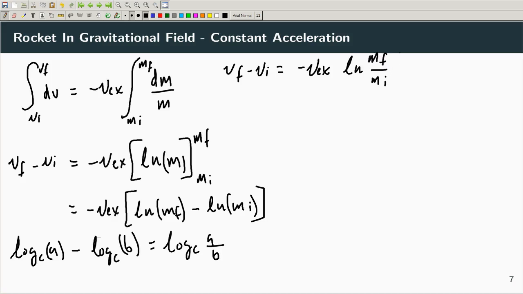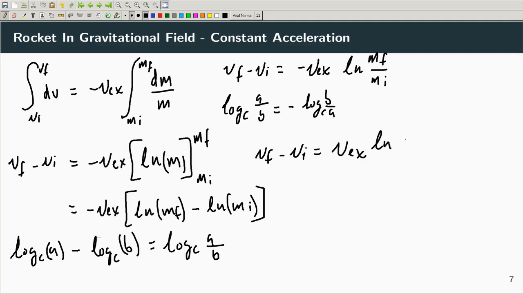But we can go further, because using another log rule, log c a over b is just equal to negative log b over a. So we can then write the equation like so: mass initial over the mass final.